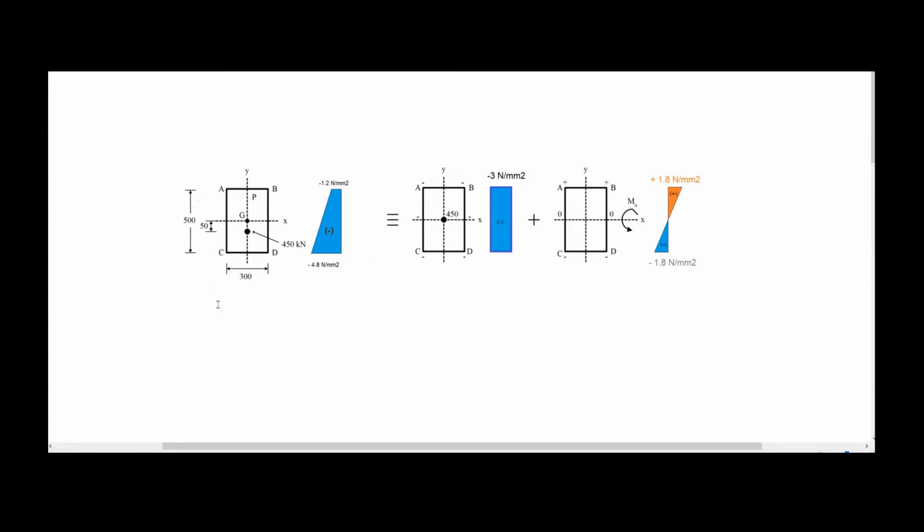So I will just add in here for you to have after. So this is combined stress. This is axial stress. And of course, this is plus. And this one is bending stress.